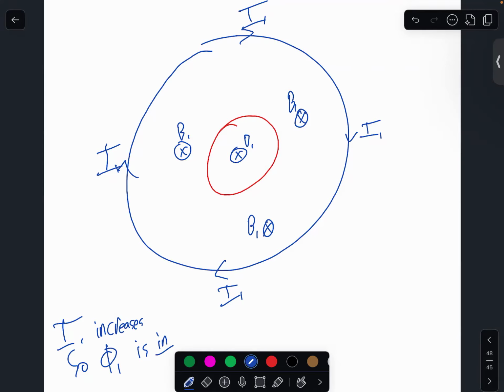Step 3: how do I oppose an increase in infield? Google question M. I've got inward field, which is getting bigger. Do I want an infield or an outfield to oppose that?